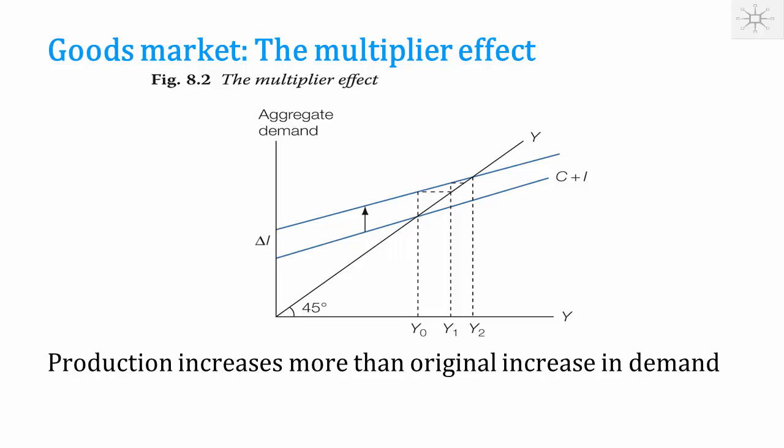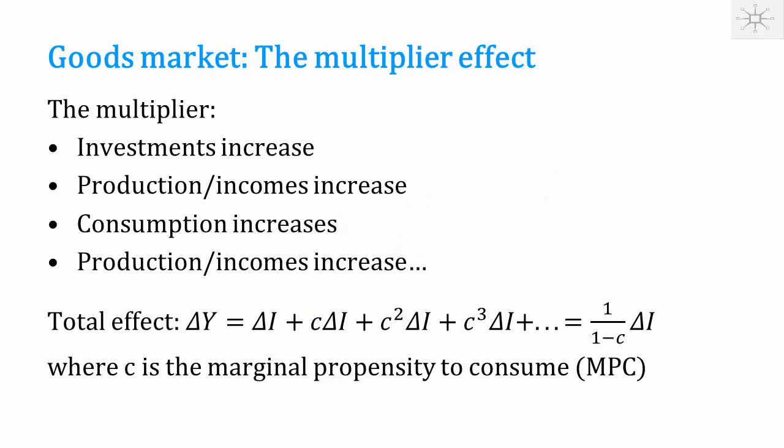And this is called the multiplier effect, because it says that if there's an initial shock to demand equal to 100, then actually production will increase more than 100. So investment increases, production and income increase, consumption increases, and production and income increase further.